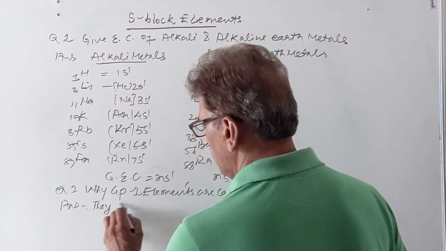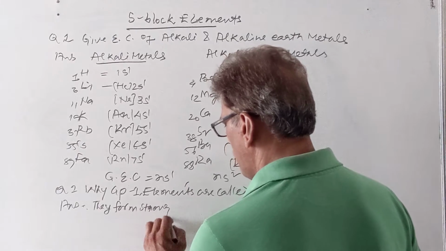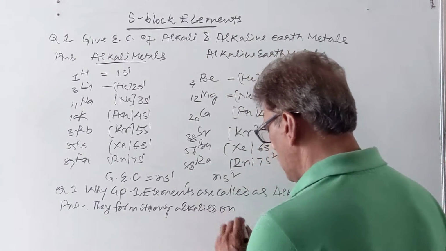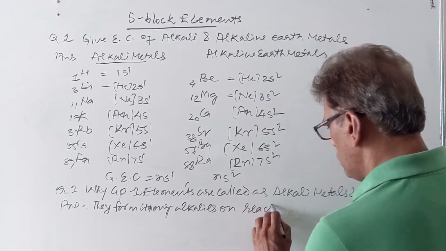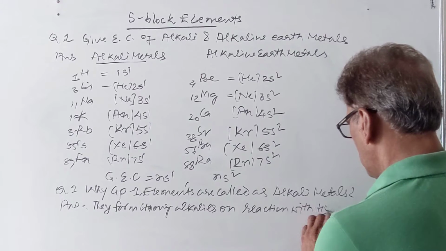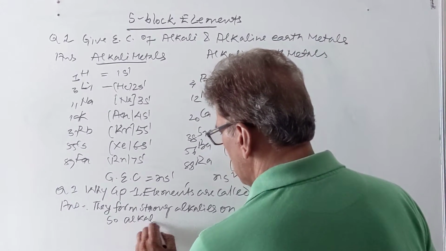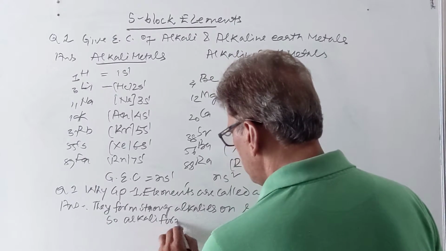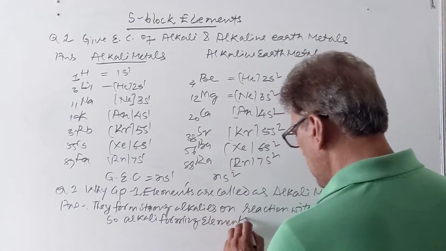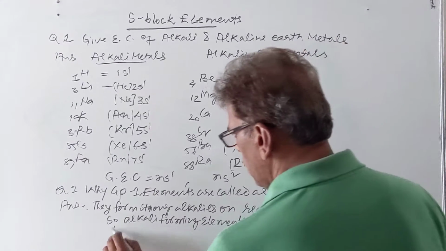They form strong alkalis on reaction with water, so alkali forming elements are named as alkali metals.